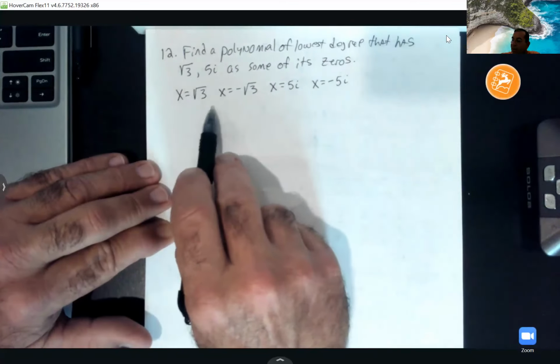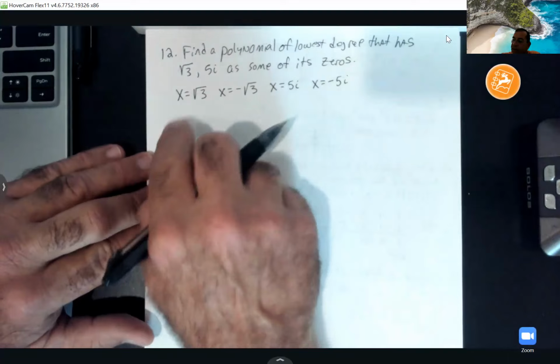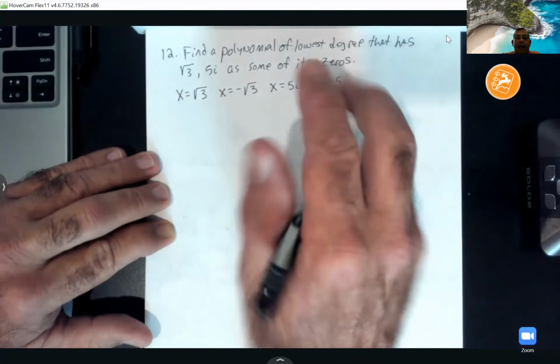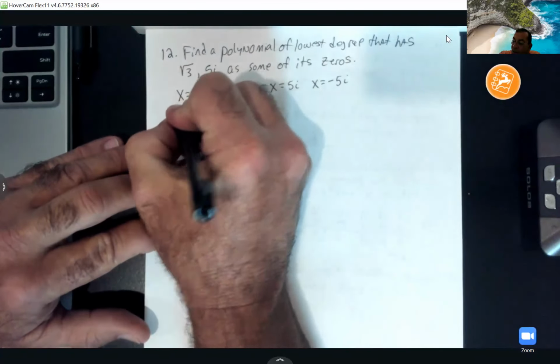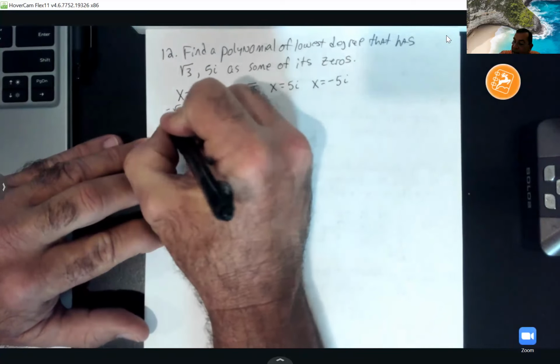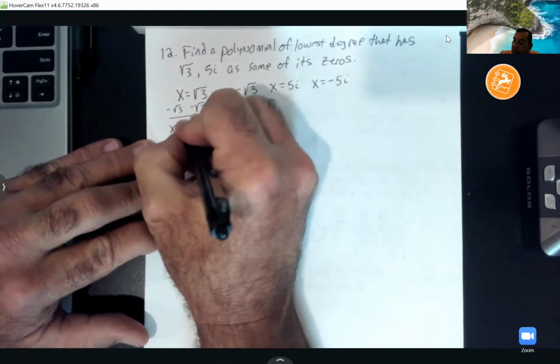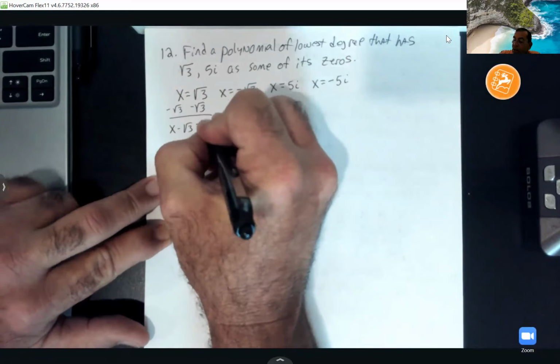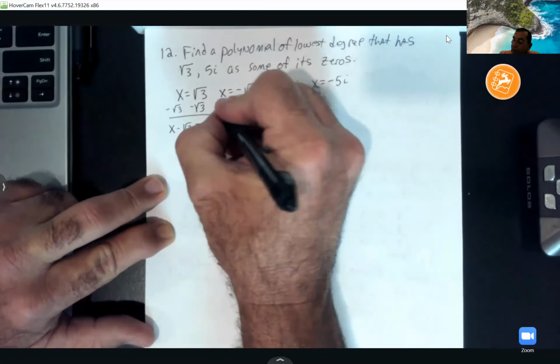All right, so we start out with our solutions. Next, we want to get a 0 on the right side. So we're going to subtract and add as needed. So I get x minus square root of 3 is 0.